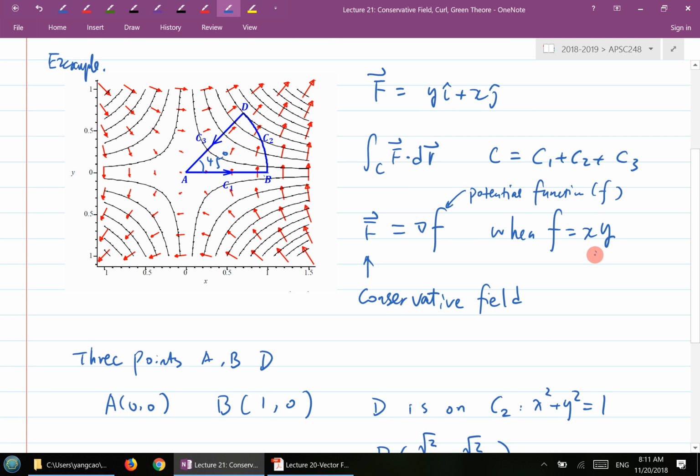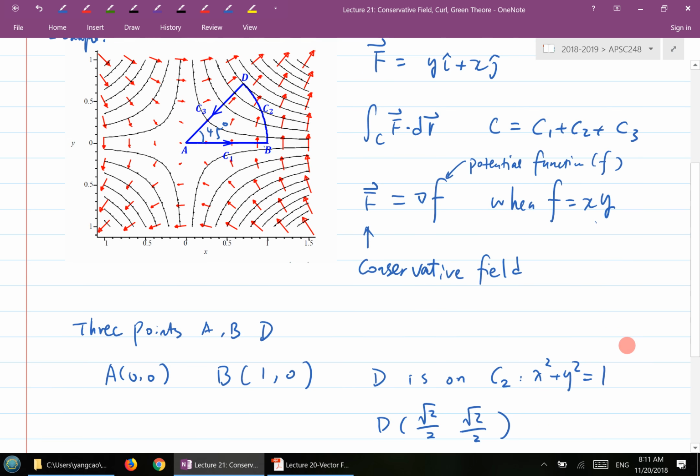Yeah, it's good thinking, right? There's a way of getting this, basically. Maybe I want you to verify: what is del f? Does it give you back this vector field? Yeah, it certainly will.